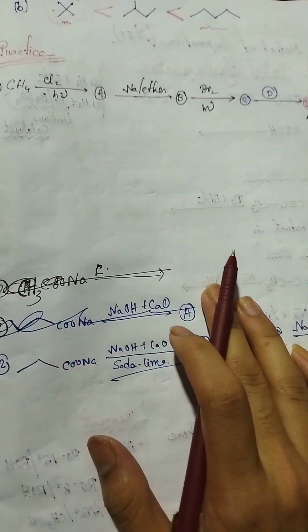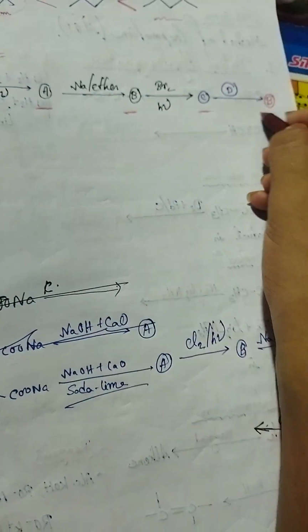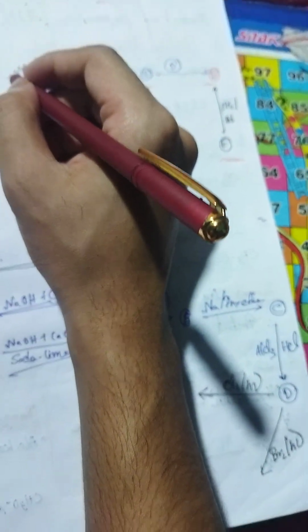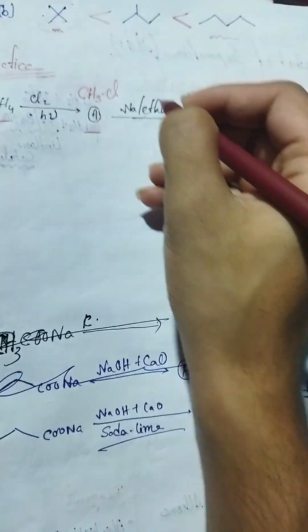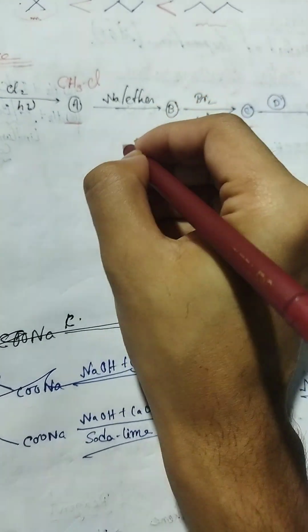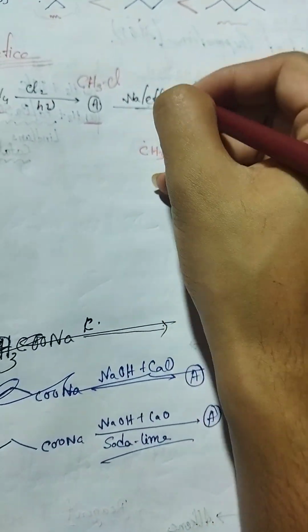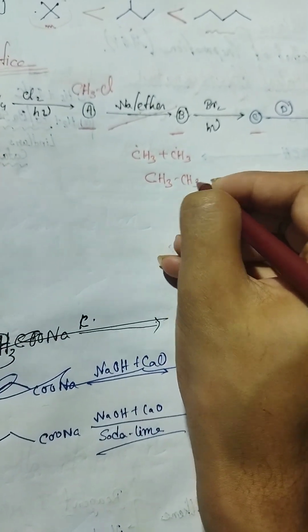Now special question. Find this. A is CH3Cl, B is CH3CH3. This is Wurtz reaction, CH3CH3, this is ethane.